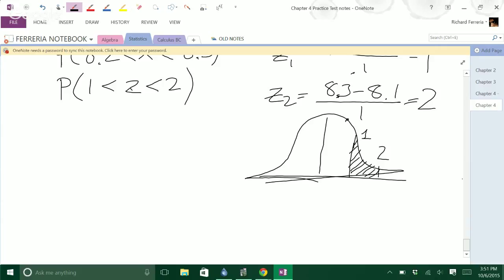Another way of looking at it is within one standard deviation is 68. So these two together must be 32, which means this right here from here to here is 16%.